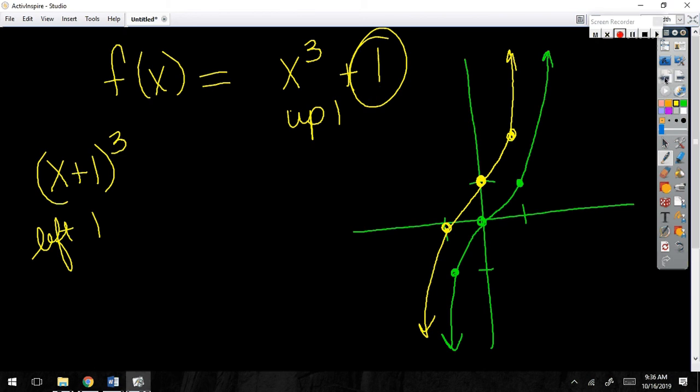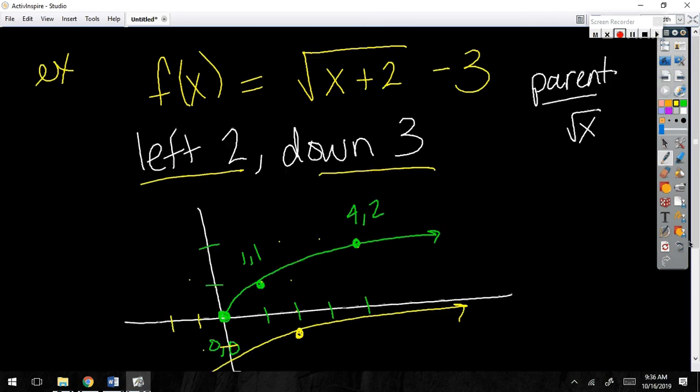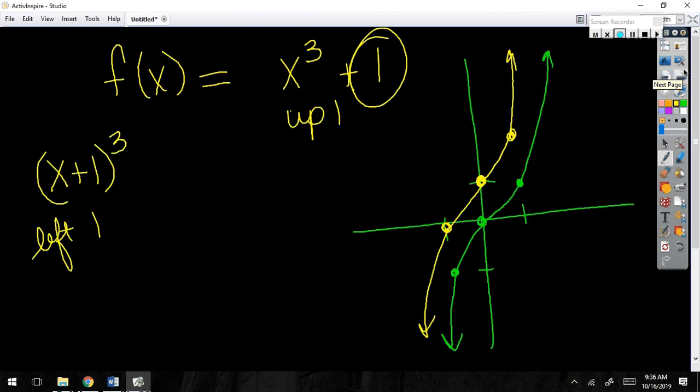On the one before, that number on the end was -3, which means I go down 3. Well, left 2. It's opposite on that one. Left and right translations are opposite of what they say.